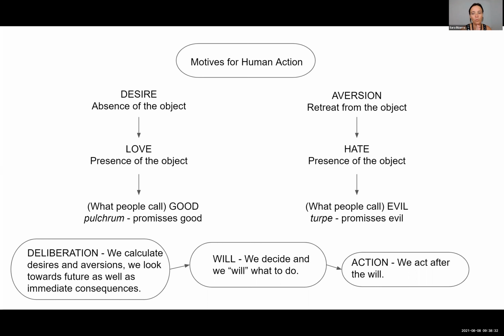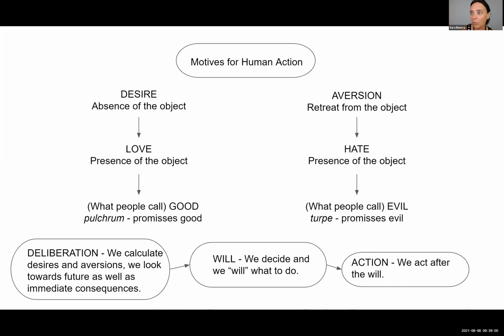So when you will something, then you act. And everything that you do, even if it's forced on you, is still based on a decision that you made. If someone's threatening you, you have an aversion to going to prison, then you think about that, and then you will to not do that thing, and then you act.